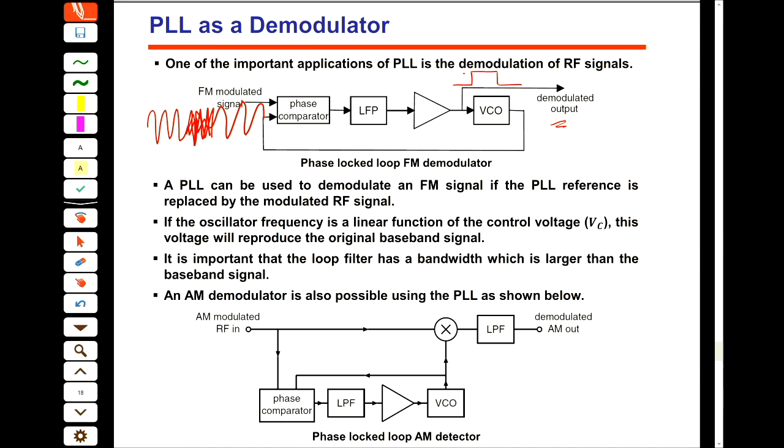For the frequency 1, it shows 1 voltage here. I mean, the error function is something. For the frequency 2, the error function is something else. And then the signal that you receive here is your baseband signal.